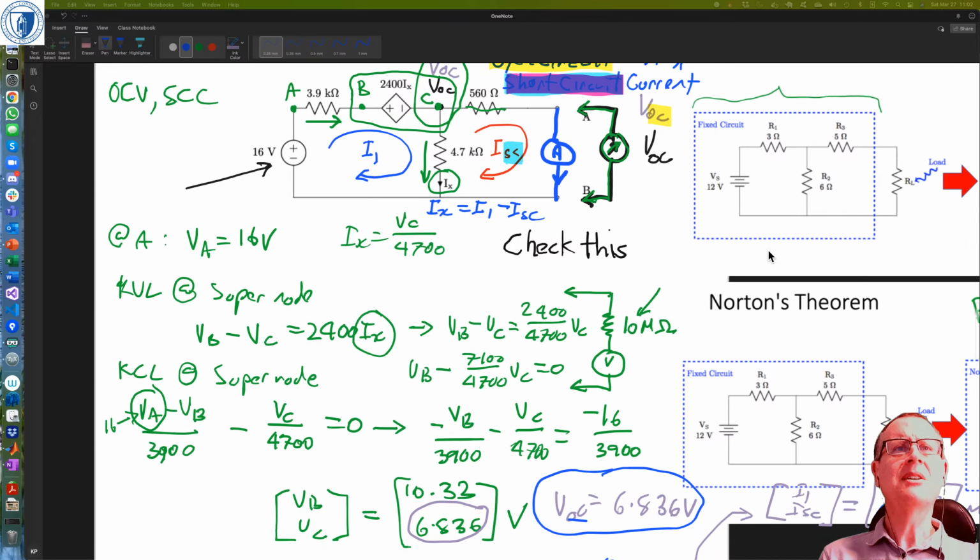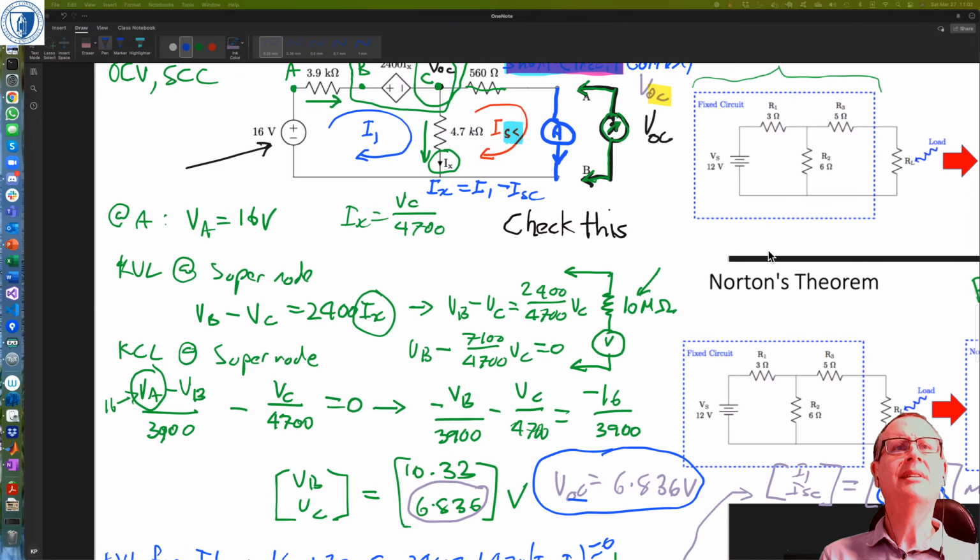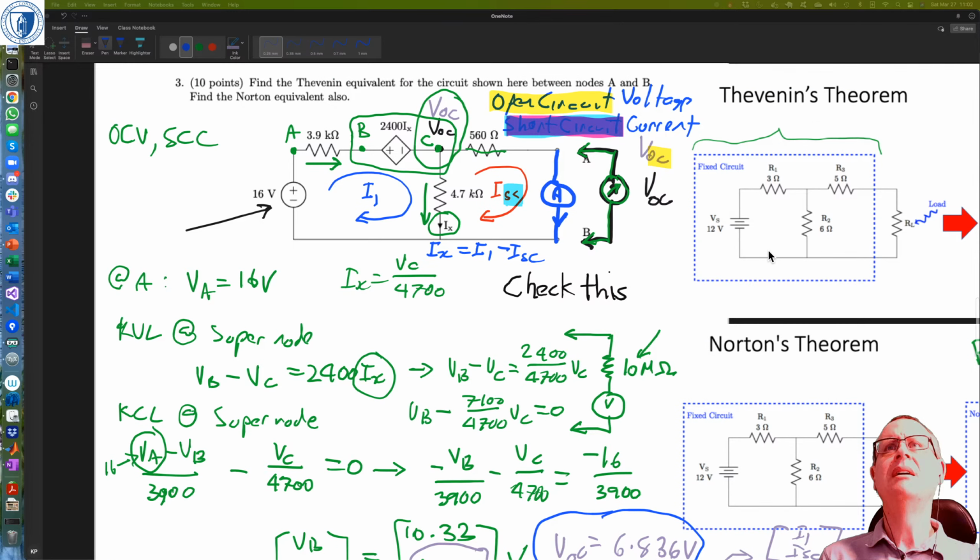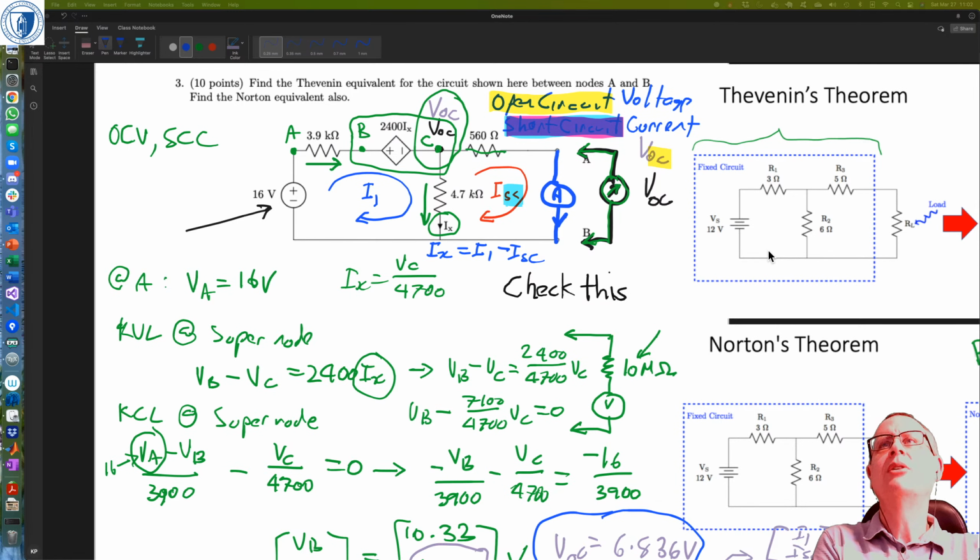So I had a question that the short circuit current should have been something more like 1.73, and I'm just going to go have a look at what's happening here. For a start, I would have thought 1.73 amps seems a little high, right?